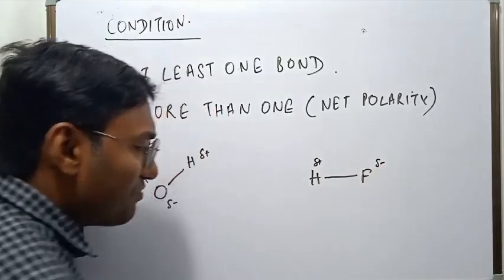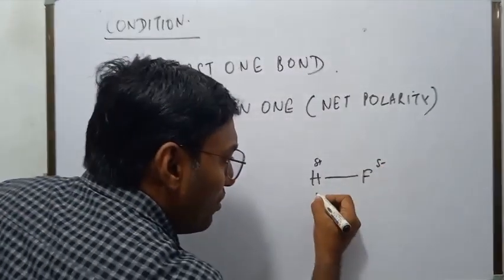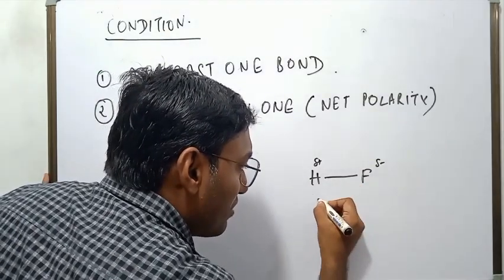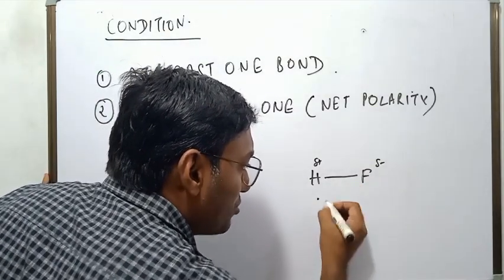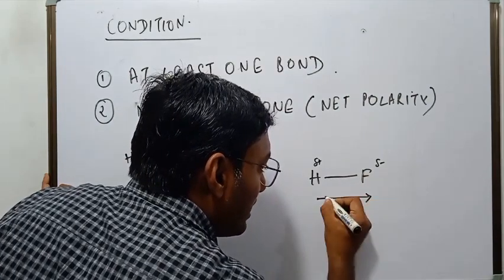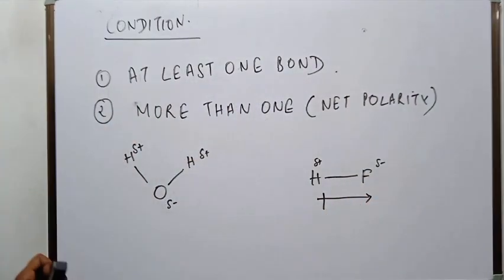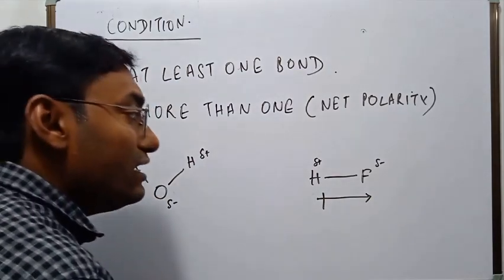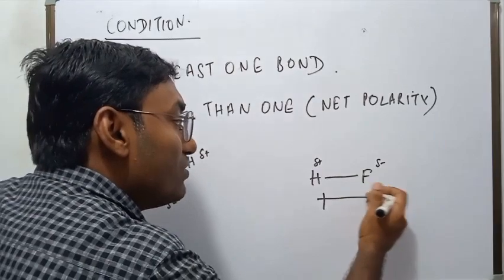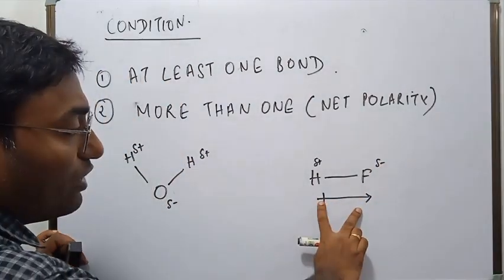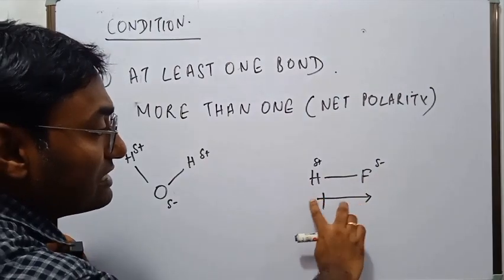Now there is a magnitude, and the direction is from the center of positive charge to the center of negative charge. So the direction is from the region from where the electron density has been taken to the region where the electron density is there. That is how a dipole moment is expressed. It is a vector quantity.